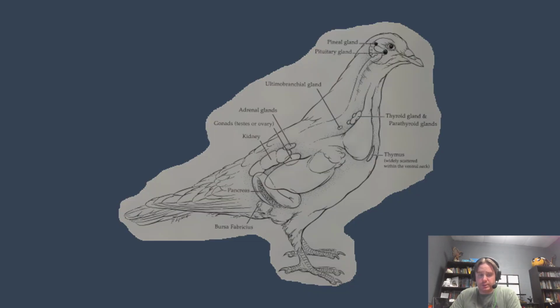So you only see the bursa fabricius in really young birds, whereas the thymus remains. And so, these are the major glands of the endocrine system and their functions, and that's all we're really going to say about the endocrine system.